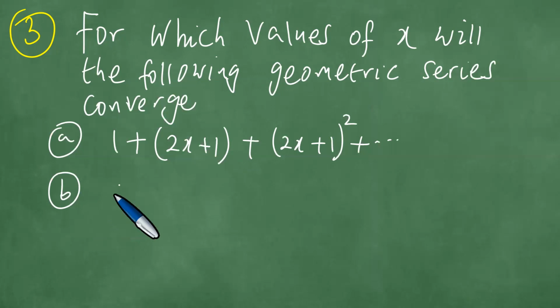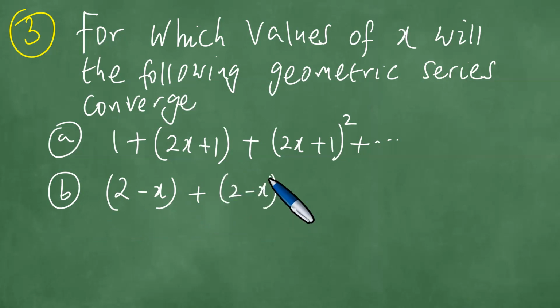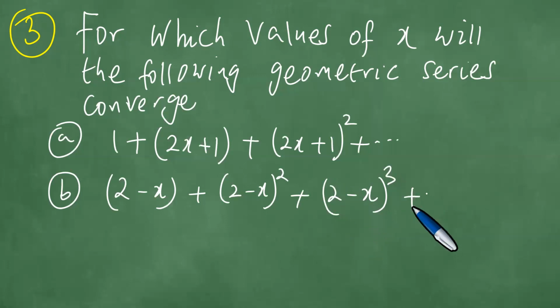Part B: 2 minus x plus 2 minus x squared, plus 2 minus x cubed, and so on.